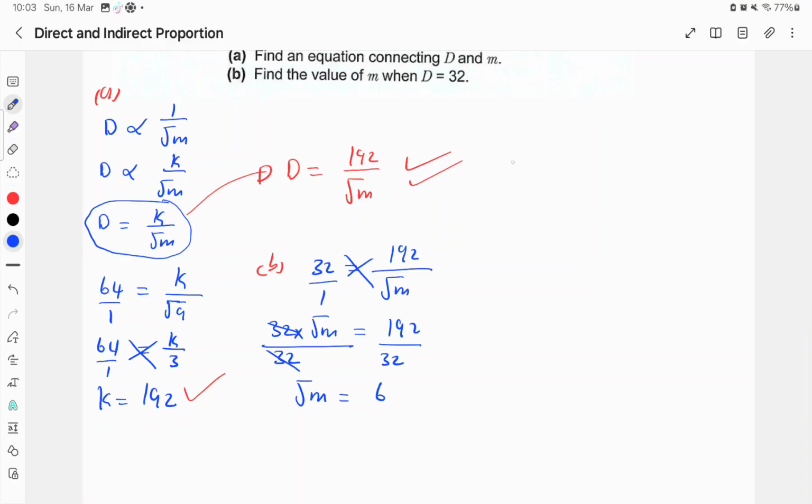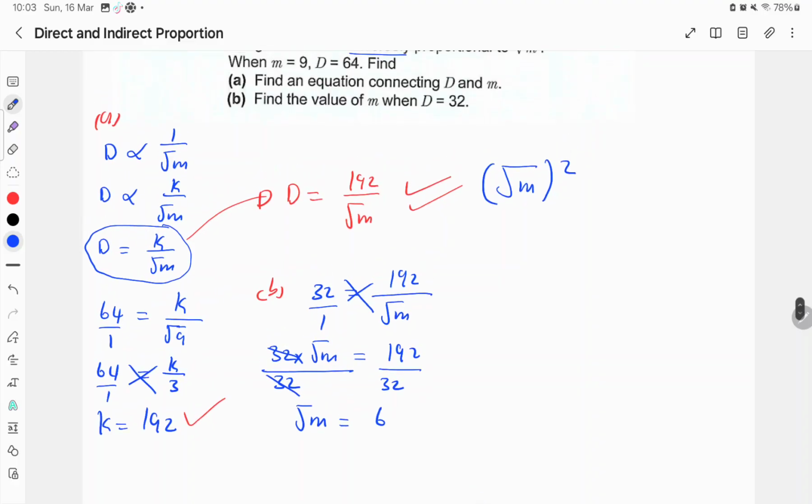To get rid of a square root, in mathematics we do it like this. If I have the square root of M and I want to get rid of the square root, I must simply apply a square. Why?